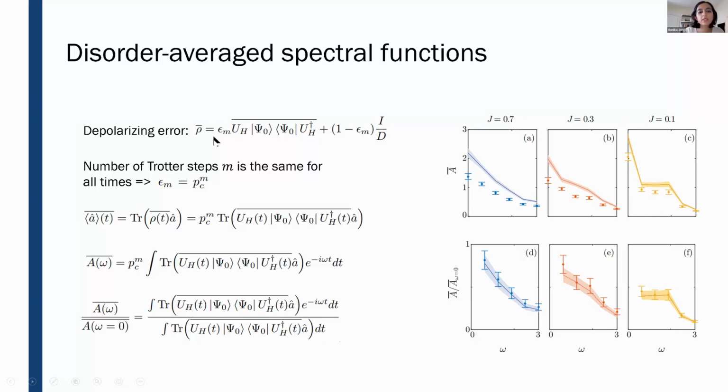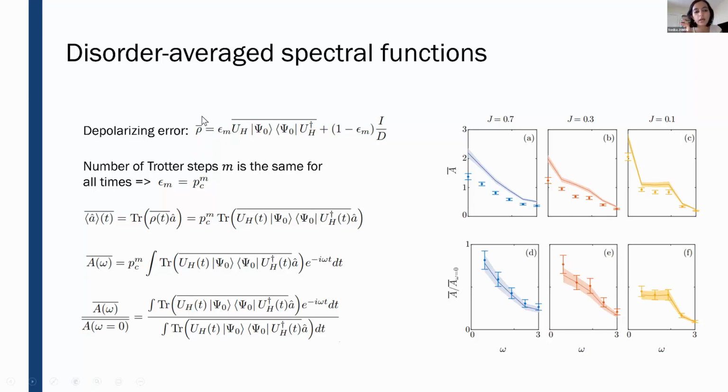Say the error in your circuit is epsilon m. Epsilon m is not the error, but the probability of getting the correct answer.